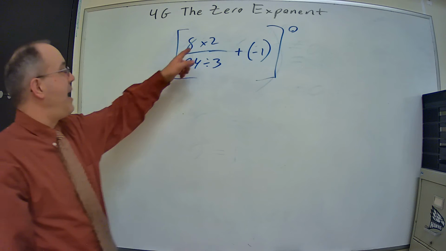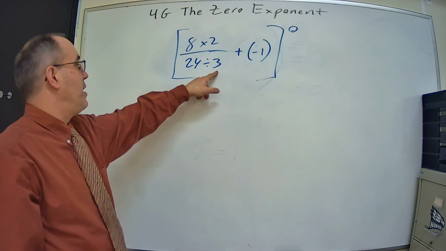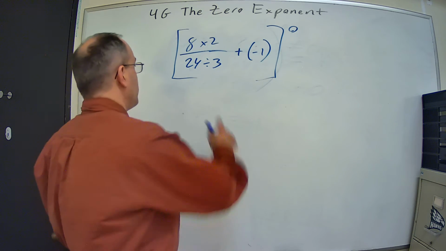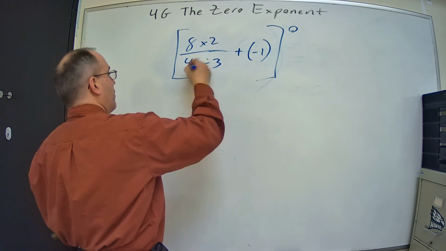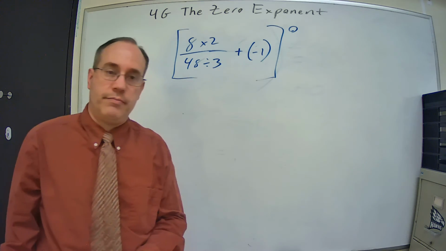Okay, so I've got x times 2 over 24 divided by 3. And actually, let me make that 48 divided by 3 plus -1.